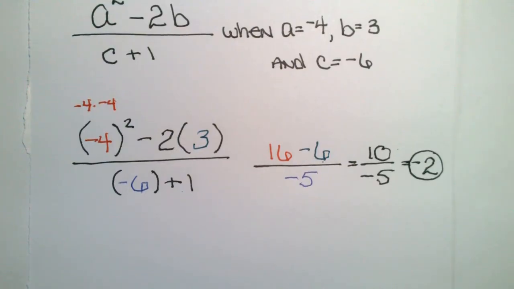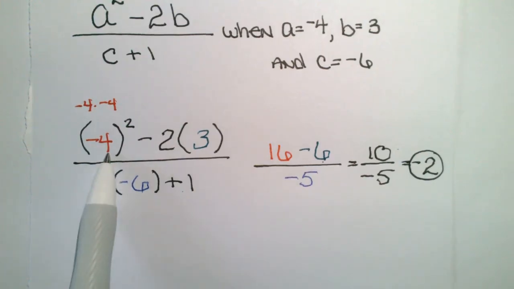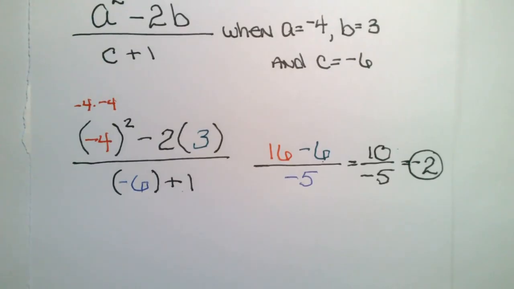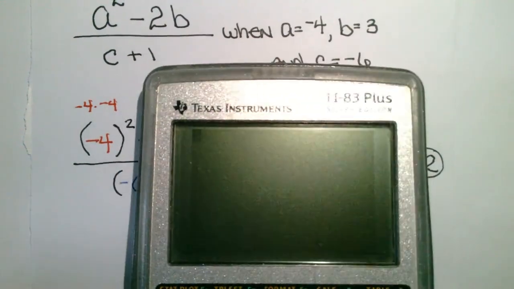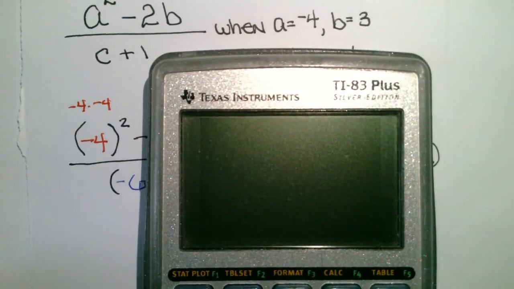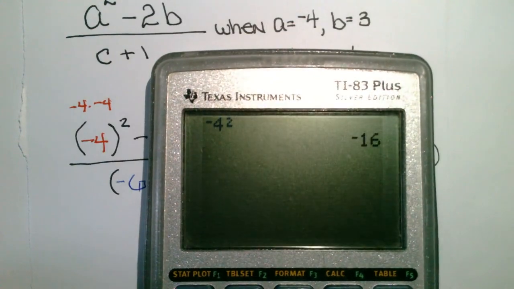Okay? All right? So, do we see where we kind of went wrong or where we went right? Now, if you plugged in negative 4 squared into your calculator without parentheses, let's see if you can see that. If I just type in negative 4 squared, you're going to get a negative 16.